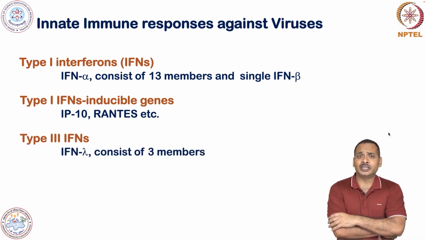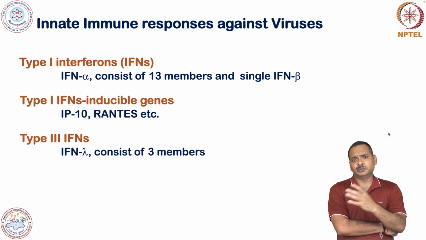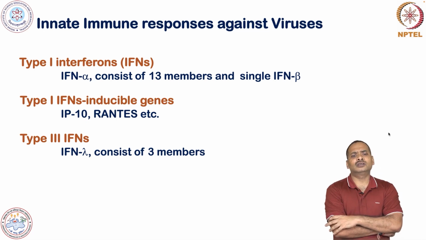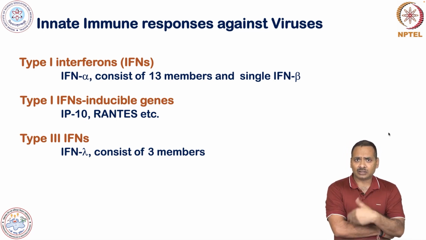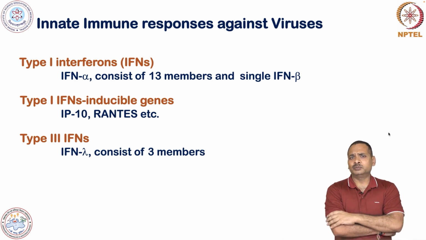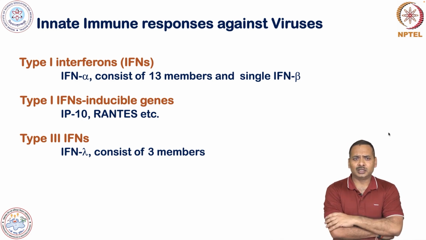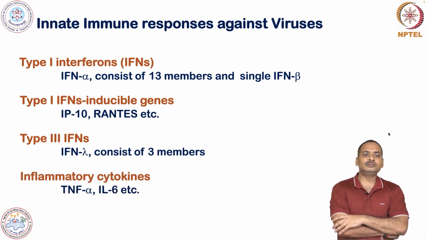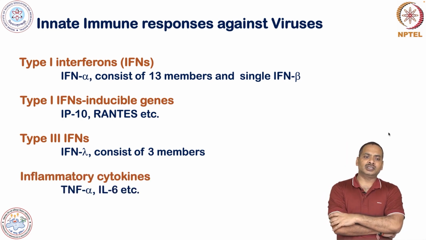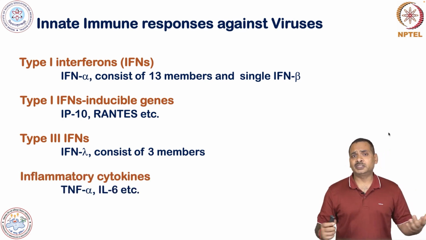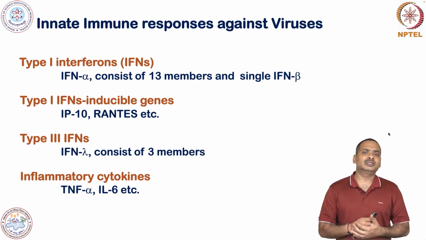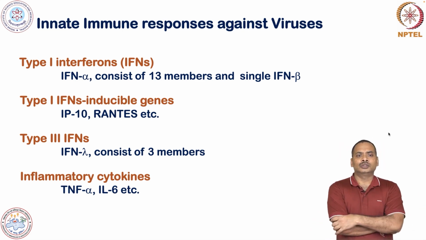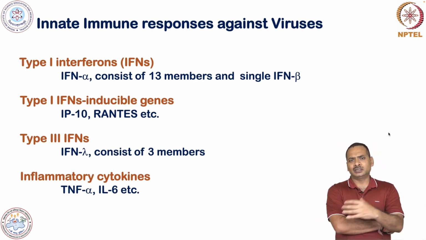There is type 3 interferon, which consists of interferon lambda, and there are 3 members. They also play a very important role in checking viral replication. Then there are inflammatory cytokines, like TNF, IL-6, IL-1 beta, and so on.